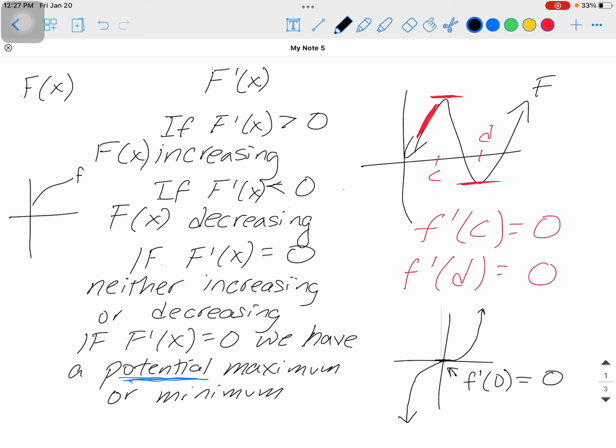You could think of the function x cubed if you want to put an actual function on it. And that derivative is 0, but it's not a max or a min. And we actually call this a plateau.